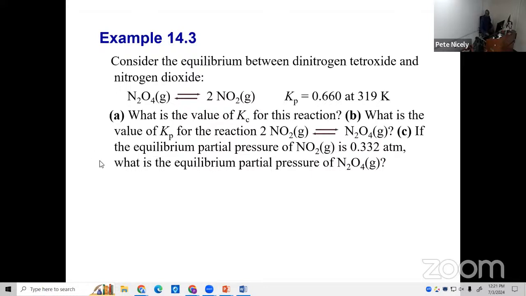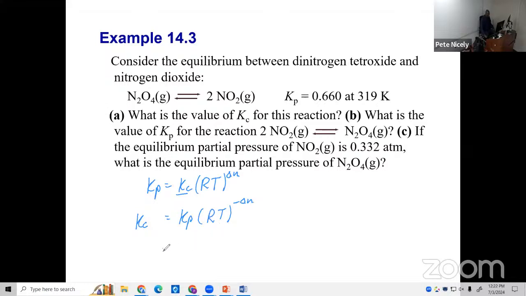As we said before, Kp is equal to Kc times RT to the delta n. What the question is asking for is Kc, so Kc would be equal to Kp times RT to the minus delta n.